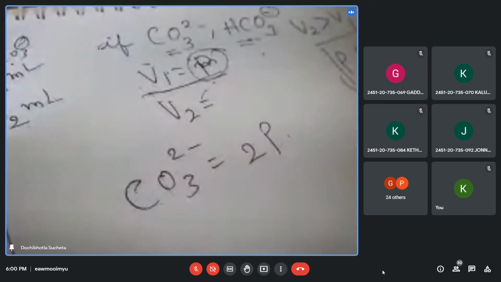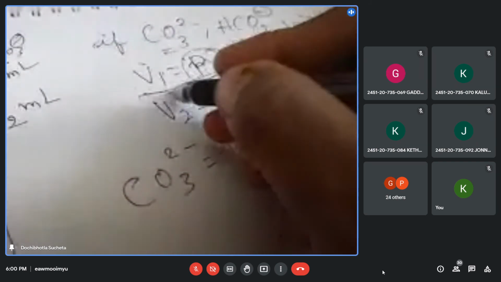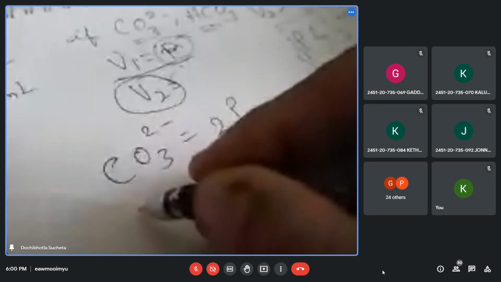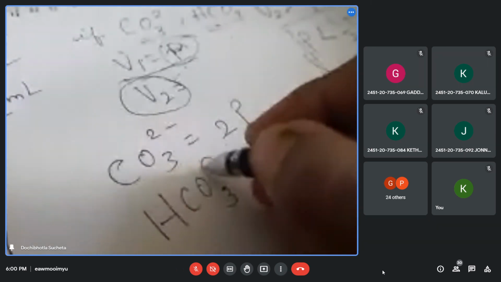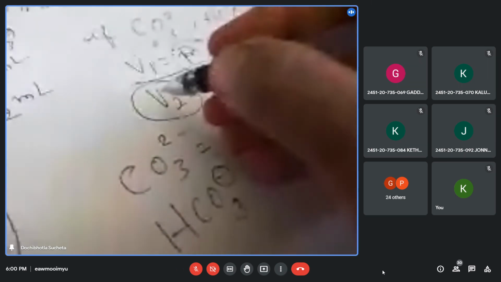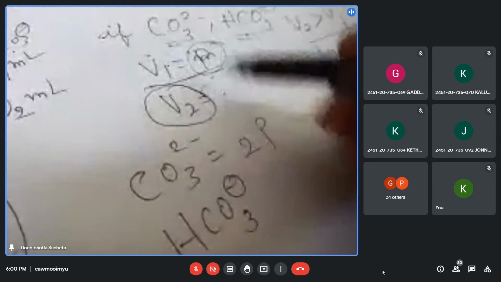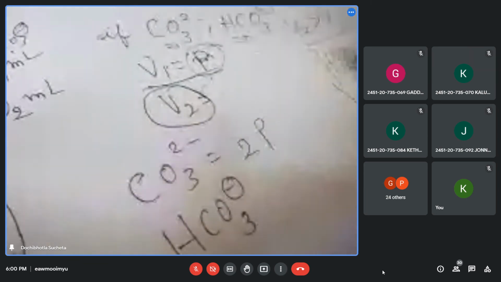2P, correct? And the amount of HCl that got consumed in V2 ml is only with respect to carbonate and bicarbonate. So in V2 ml, the bicarbonate that was converted from carbonate and the bicarbonate that was initially present are there.